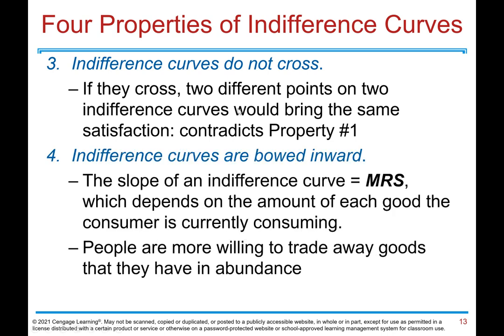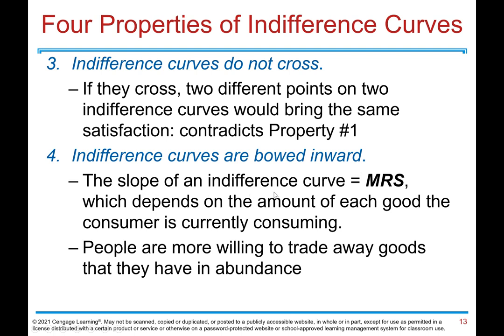Number 3, indifference curves do not cross. If they cross, two different points on two indifference curves would bring the same satisfaction. This contradicts property 1. Number 4, indifference curves are bowed inward.